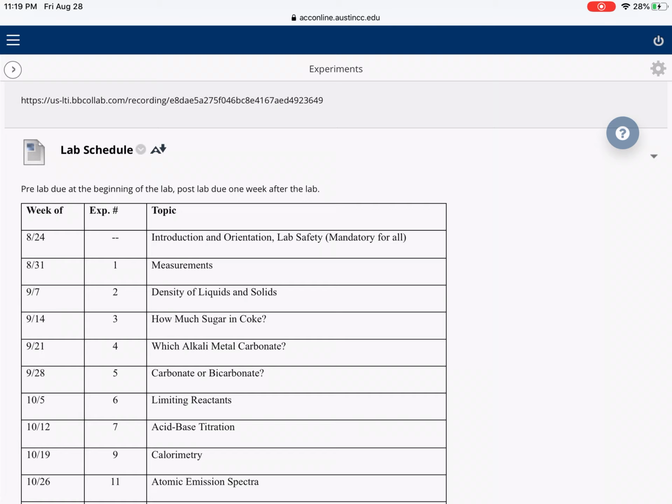So your pre-lab assignment is due at the beginning of your lab period, and then the post-lab report is due a week after, meaning on the week of September 7th, on the day that you're supposed to do your experiment, that is when the lab report is due. And that is the same pattern for all the experiments.